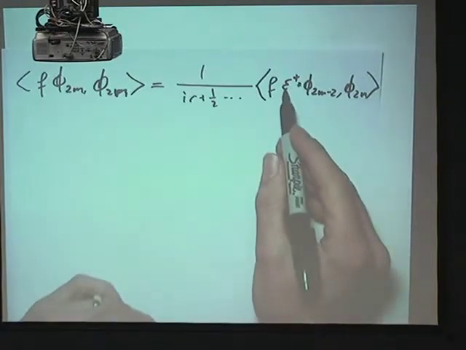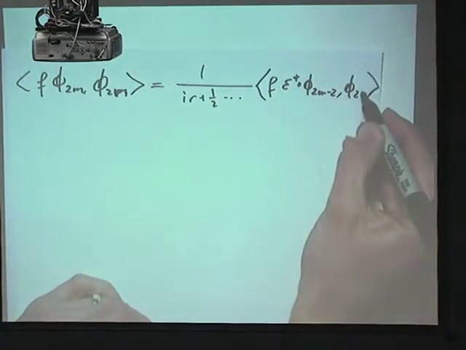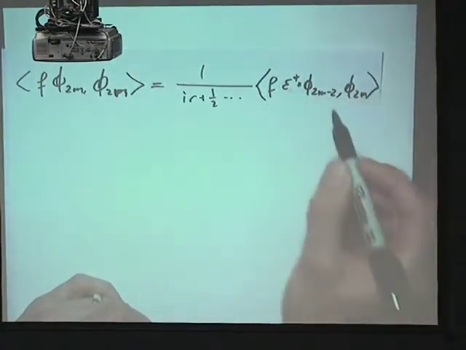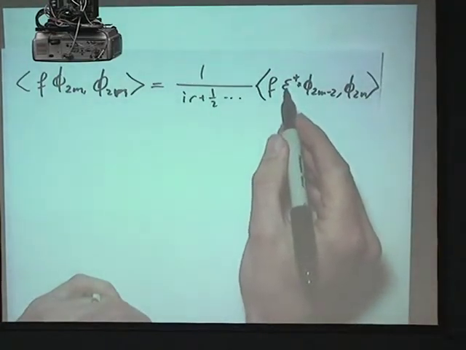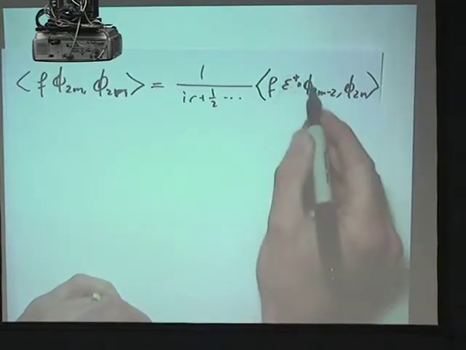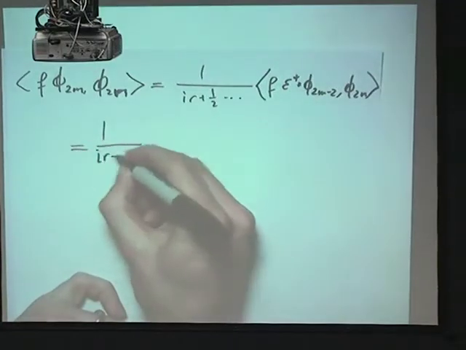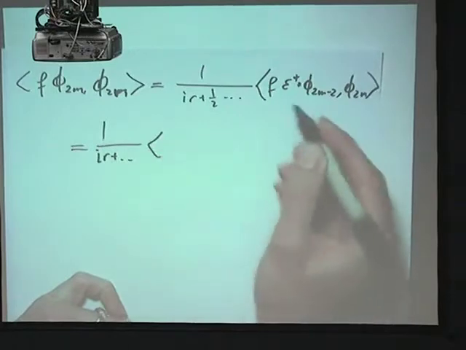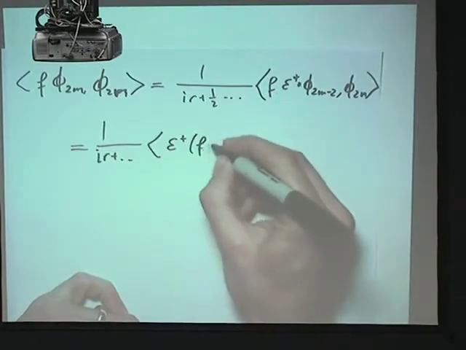Now, what I want to do is I want to move the E plus over, because I know what the adjoint of the E plus is. But the E plus is only defined applied to one of the two factors, right? So let me do this a bit more carefully. And apply the E plus to both.